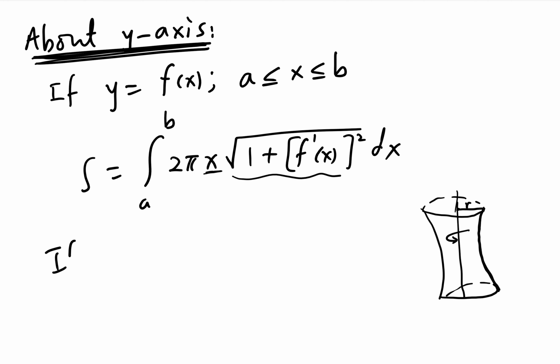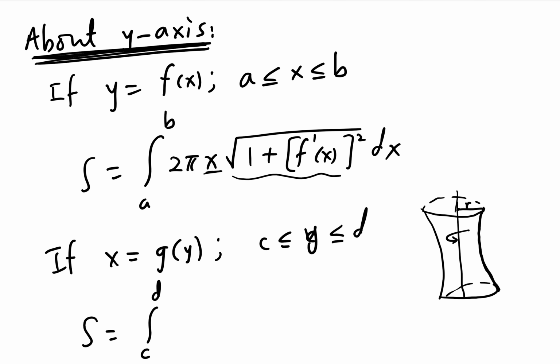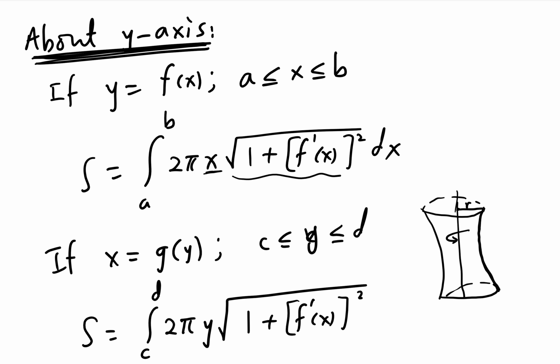And now if it's the other way around, x equals g of y, where y we take from c to d, then S would be the integral from c to d of 2 pi y, the square root of 1 plus f prime of x squared dy.